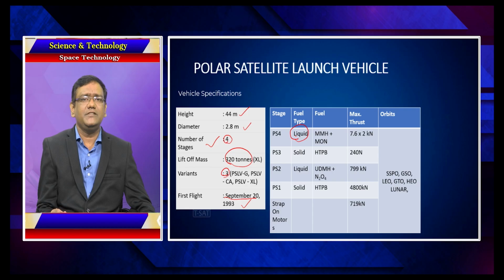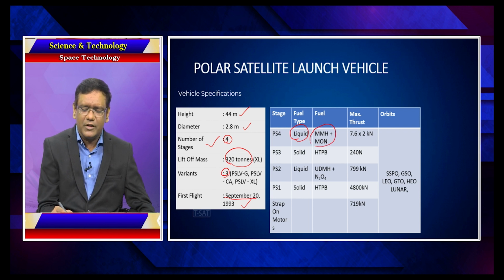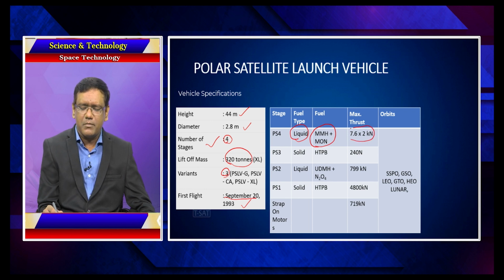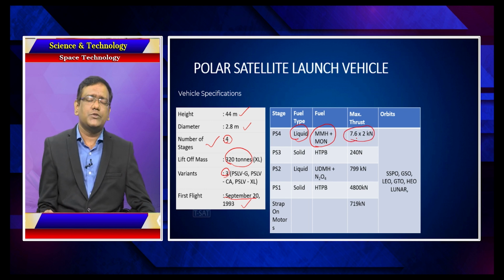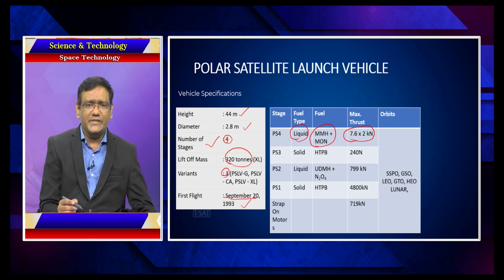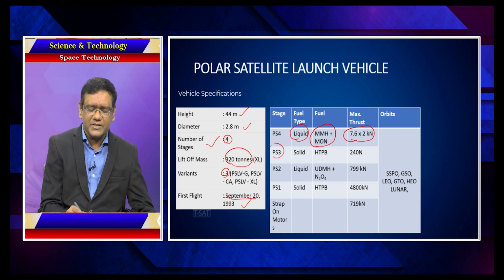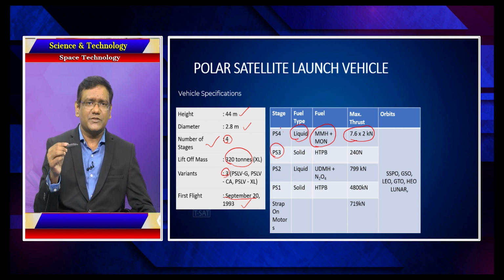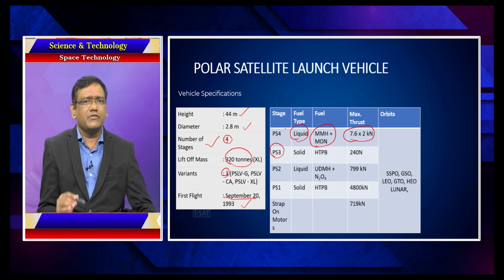The liquid fuel is MMH and MON, and it produces a maximum thrust of 7.2 into 2 kilonewtons. And the next stage is the 3rd stage. See, the 4th stage means it is the uppermost stage. This is the last stage of that launch vehicle.